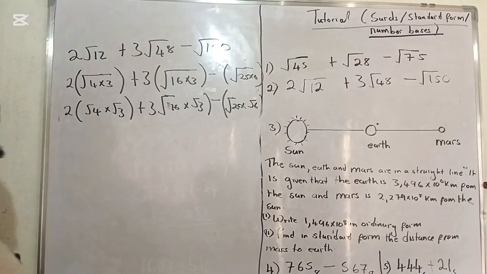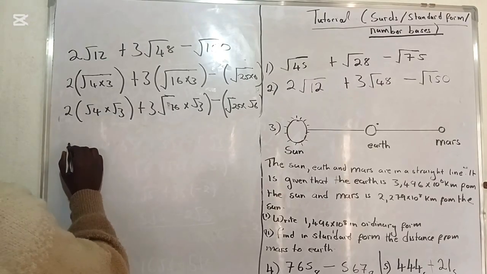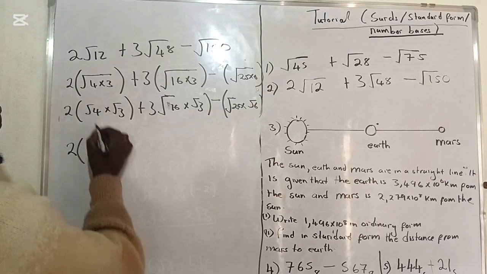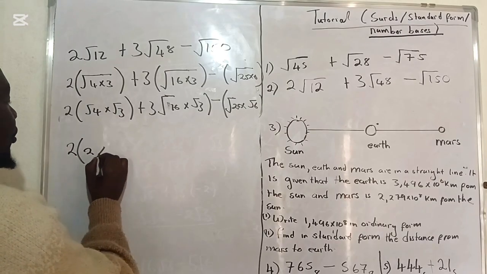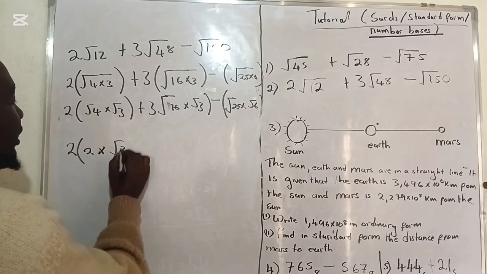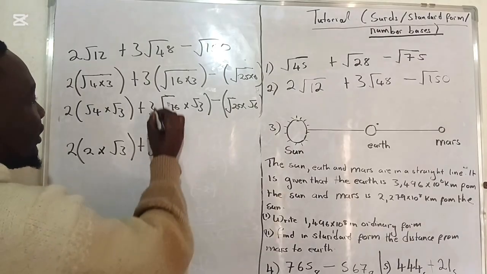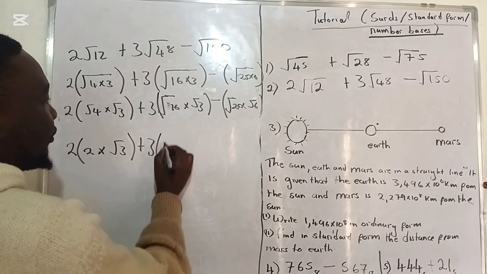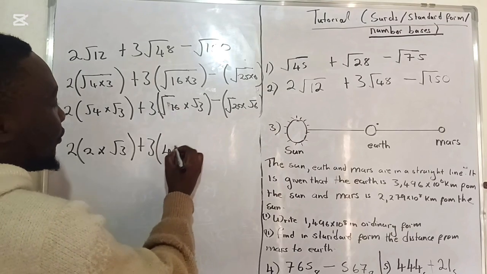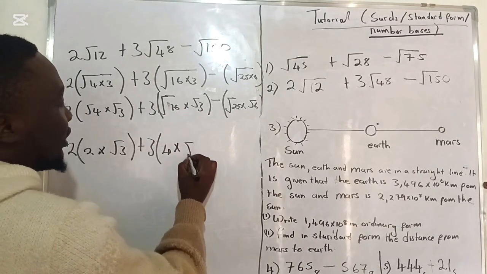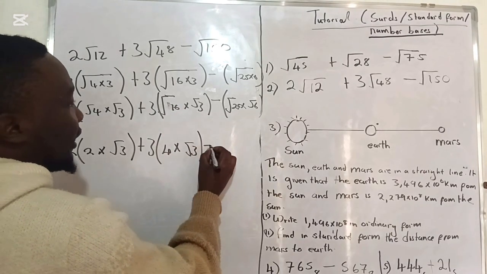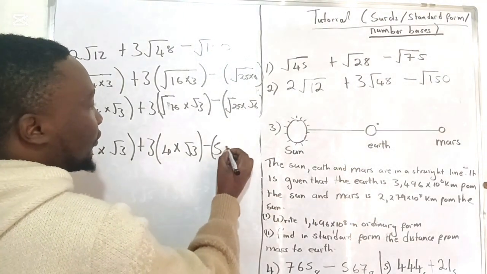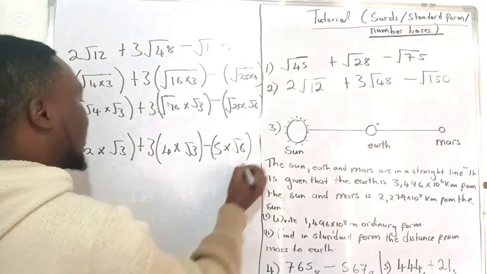Then let's perform the operation on roots. Then you're going to have 2. Then root 4 is going to be 2 multiplied by root 3. Then plus 3. Remember, this is a bracket. Then root 16 is 4, 4 multiplied by root 3, minus root 25 is 5, 5 times root 6.